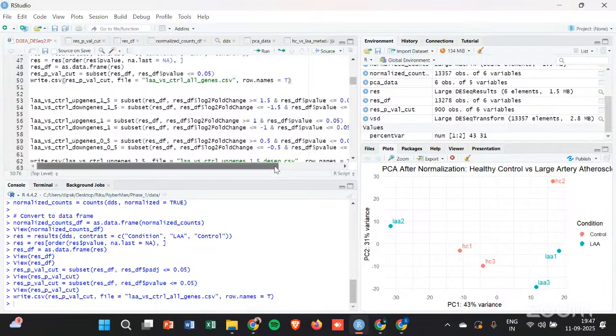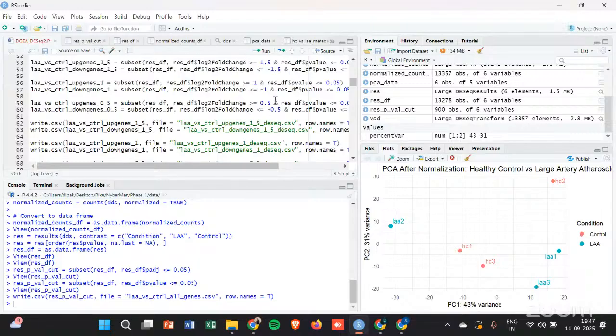Now, anything that is less than 0.5 is worrisome. If your log2 fold change is actually less than 0.5, ideally that means it is not differentially expressed. This is something that researchers across the globe have agreed upon.